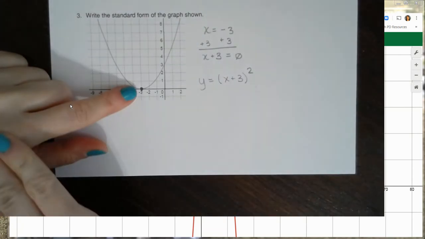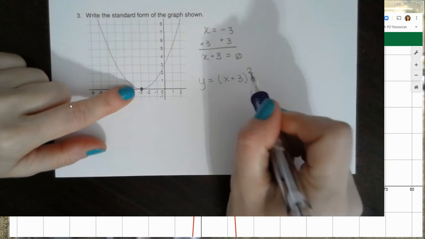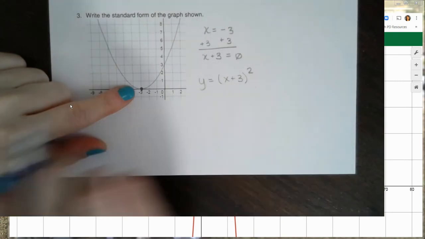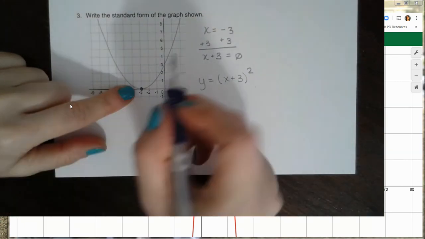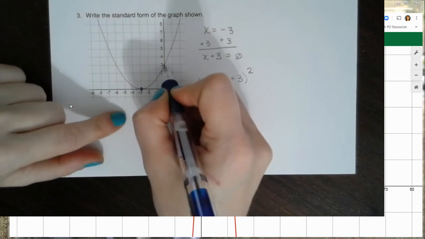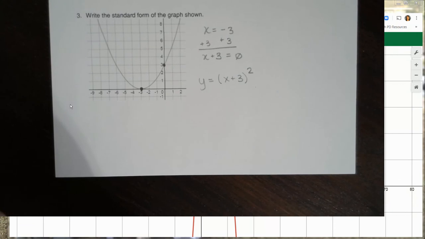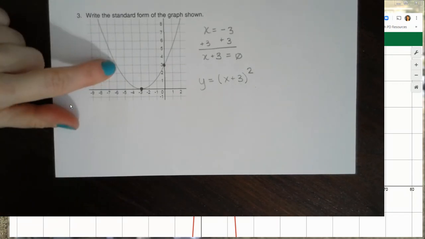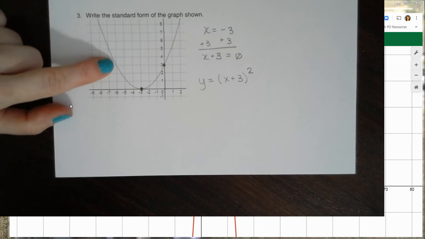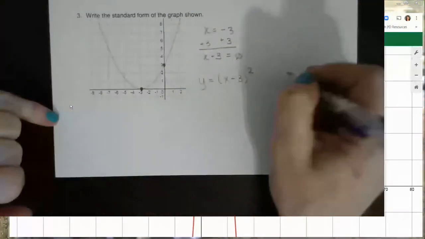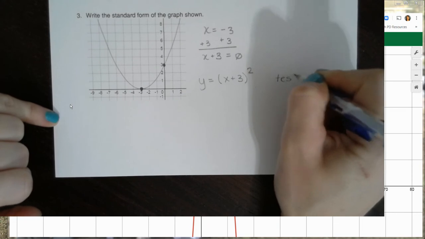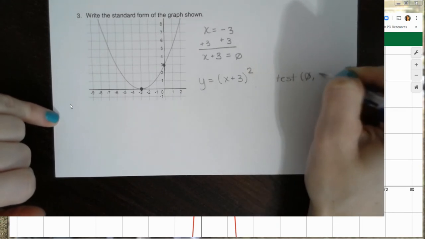So I'm going to find a point to test to see if this is correct. Now I'm going to test the y-intercept because it happens to be a perfect point that I can use that's on tick marks. I could have also used negative 6, positive 3. That would have been okay. So my test point is going to be 0, 3.